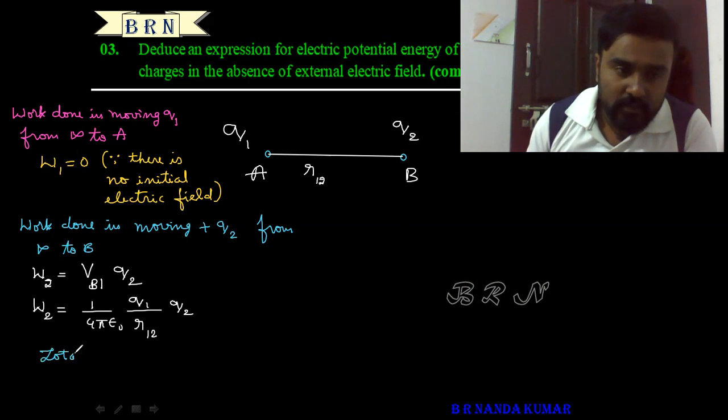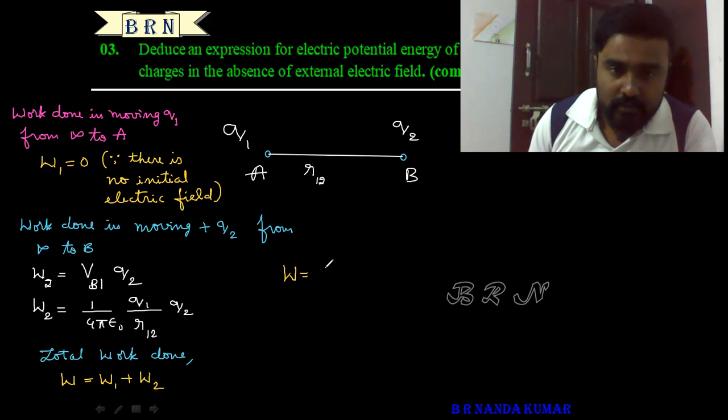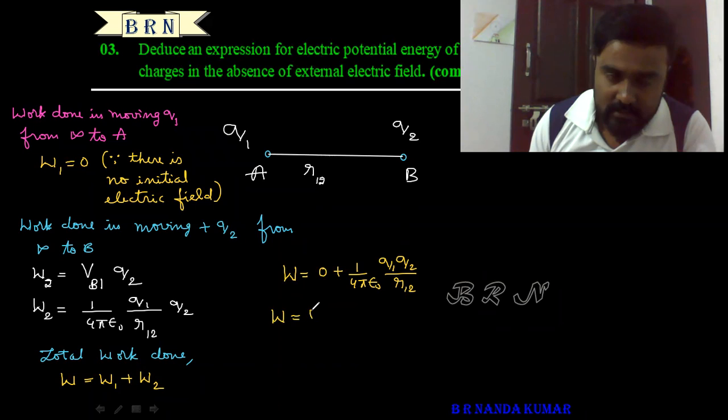After that, we have to calculate the total work done. Total work done W is equal to W1 plus W2. So W is equal to W1, which is 0, plus W2, which is 1 divided by 4 pi epsilon naught Q1 Q2 divided by R12. Okay. So this total work done is stored as electrostatic potential energy.